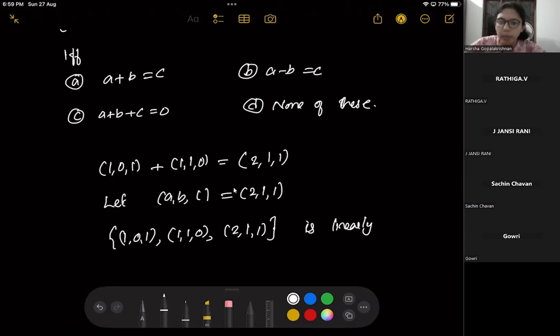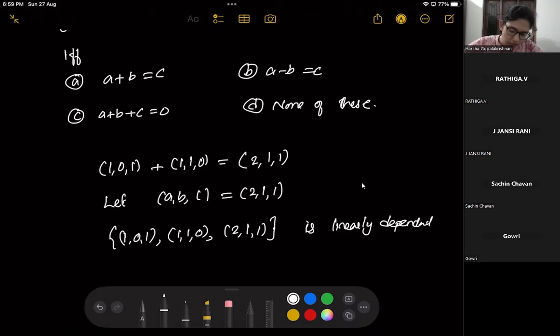Why is it linearly dependent? This 211 can be written as the linear combination of these two. Otherwise, we can say 1 times 101 plus 1 times 110 minus 1 times 211 equal to 0 with the coefficients 1, 1, minus 1 non-zero. So that condition says that these three elements are linearly dependent.